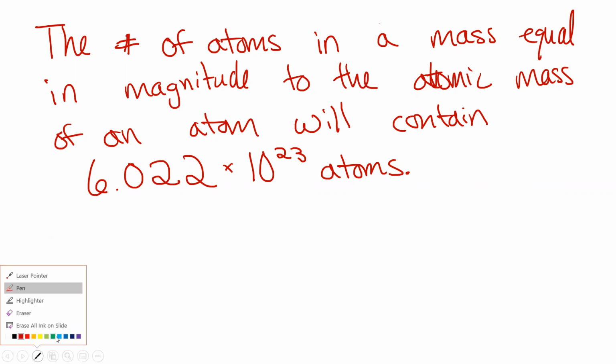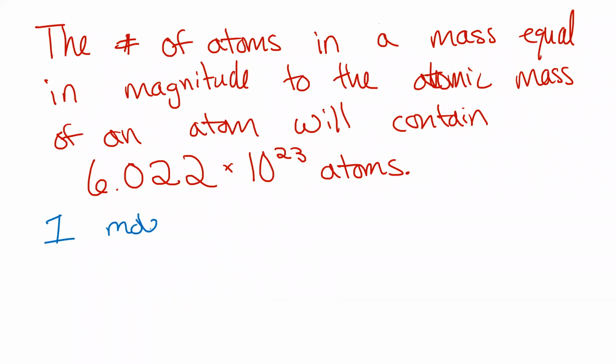Now, there's different ways of explaining this, different ways of thinking about this. So what we're saying is 1 mole is always 6.022 times 10 to the 23rd things that we're talking about, okay?